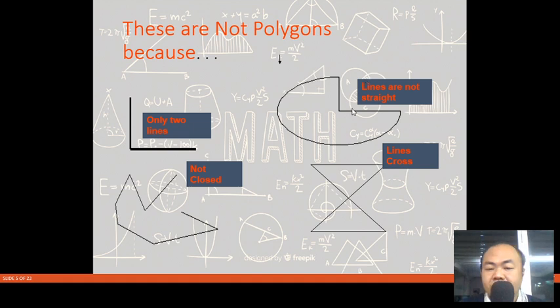On the right, the lines are not straight, so we have a circle here, but we miss this part. And then we have a lot of lines below, but it is not a closed shape. And in the last we have a crossing-line shape here, so this is not a polygon.